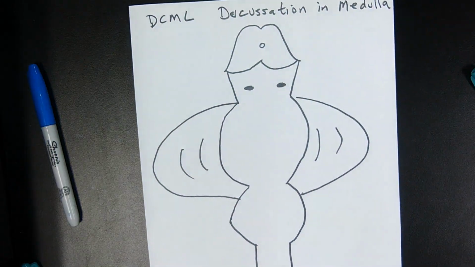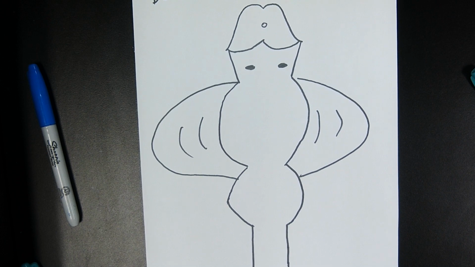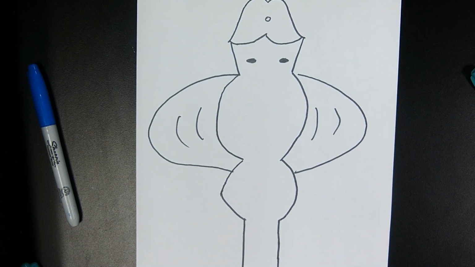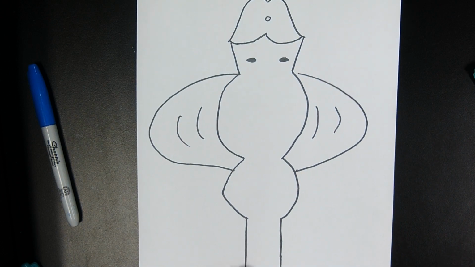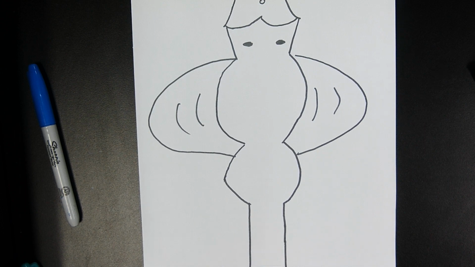Let's move on to the level of the medulla. So this is another one that I think looks like a little alien. I'll go back and label some of this. So this is going to be your spinal cord.